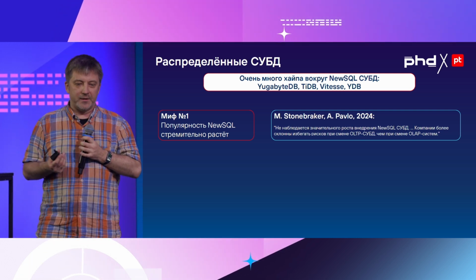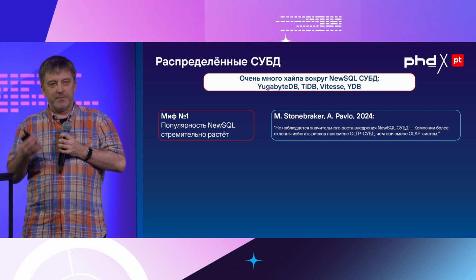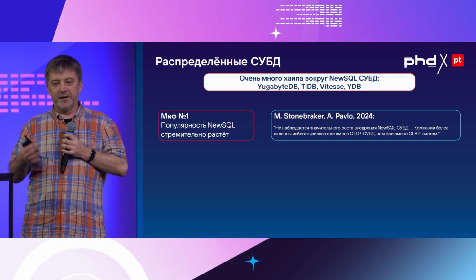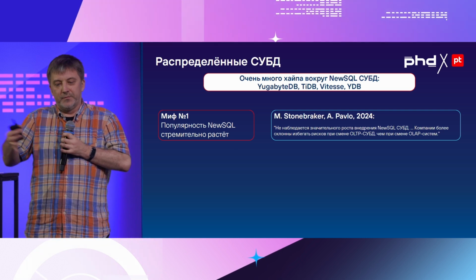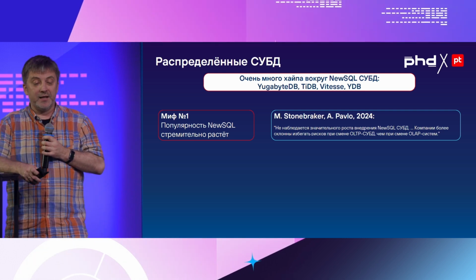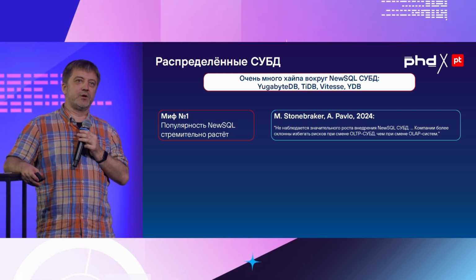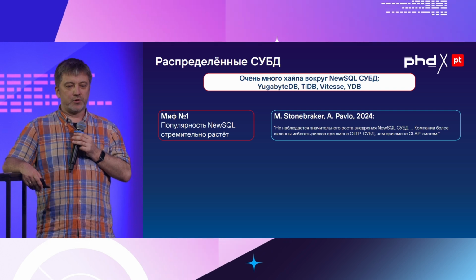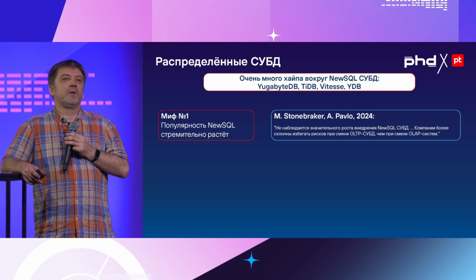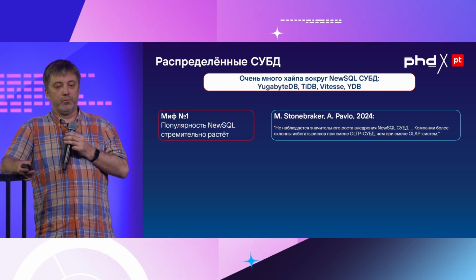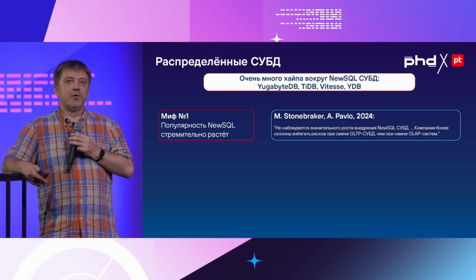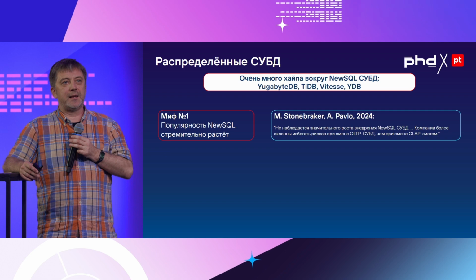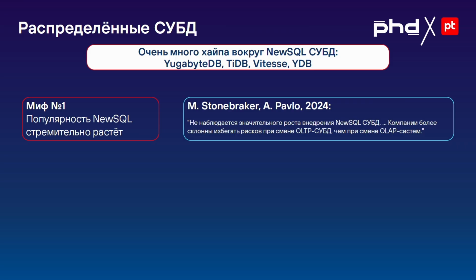First, the popularity of NewSQL is growing fast. But if you read the reports, like, for instance, the one cited here from Stonebraker and Pavlo, they are quite calm about the progress of NewSQL. They say that companies try to avoid the risk of changing the DBMS, and it's clear why.